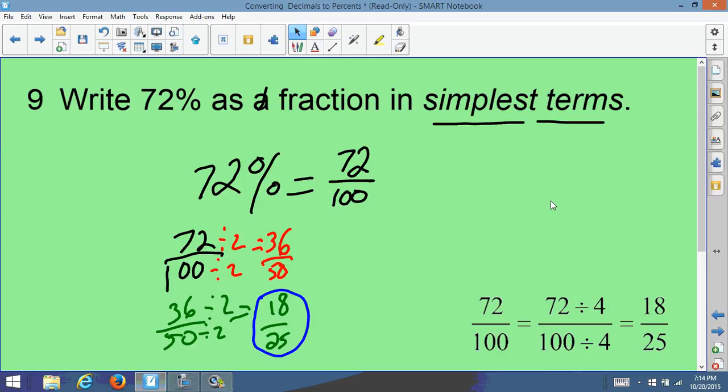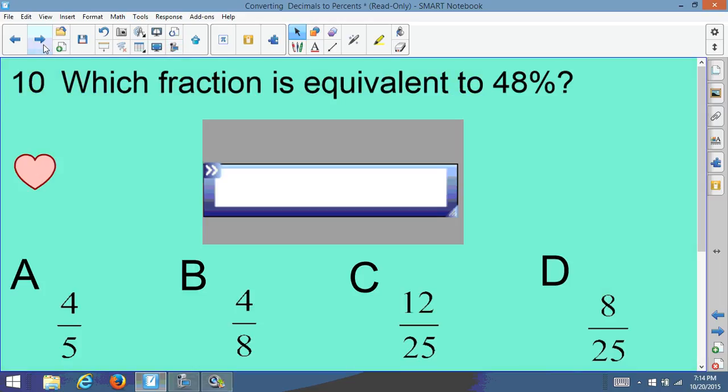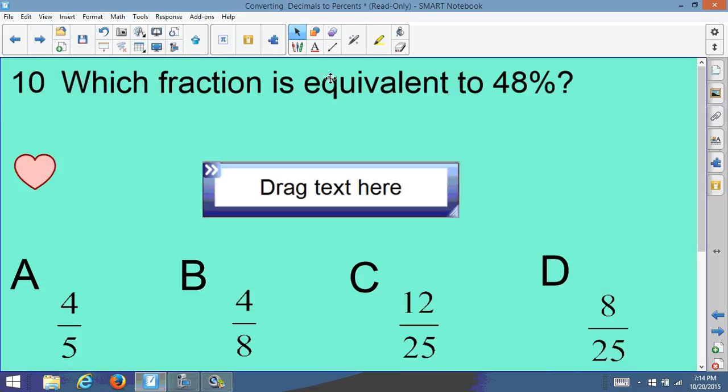No harm. So here's the next question for you to try. Which fraction is equivalent to 48%? So we have a multiple choice. So remember how to change that 48% to a fraction.